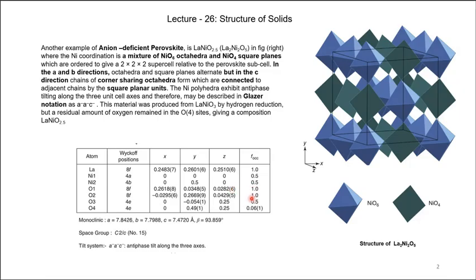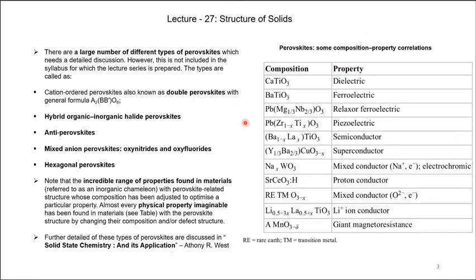This is the complete description of an anion deficient perovskite, lanthanum nickel oxide. It's got the molecular formula, you can write it like this: La2Ni2O5. Okay, we go to the next slide, and we can see here there are very many different types of perovskite.